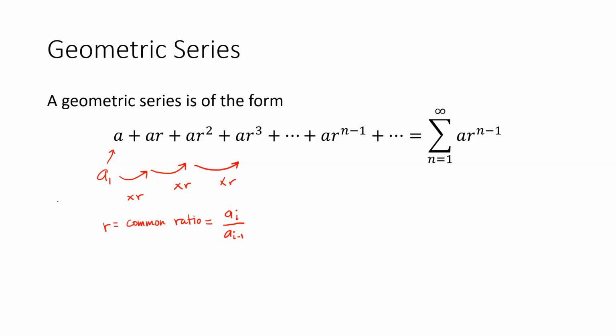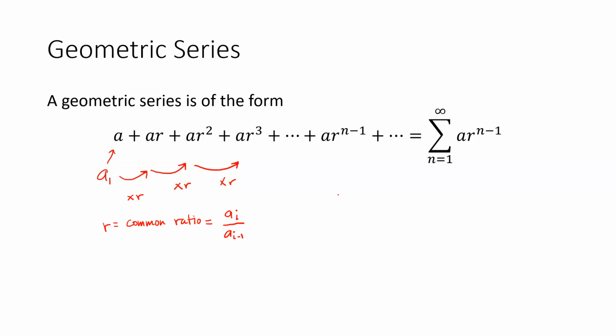And one thing that's particularly nice about a geometric series is that it has a very simple and easy to compute sum. Let's think about how we would go about forming the partial sum formula.